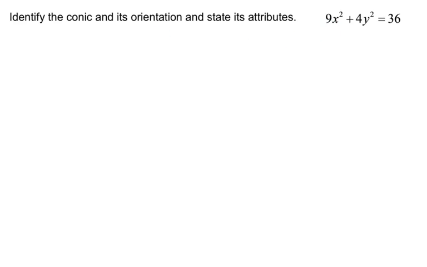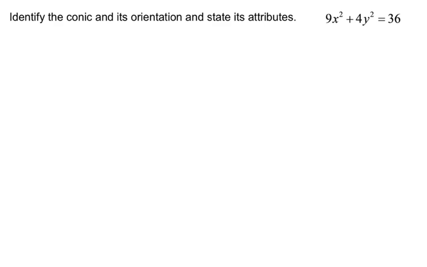So we've got 9x squared plus 4y squared equals 36. So running down our list of things that we know, since there's both an x squared and a y squared, there's no chance that this is a parabola. So that means it is an ellipse or a circle or a hyperbola.